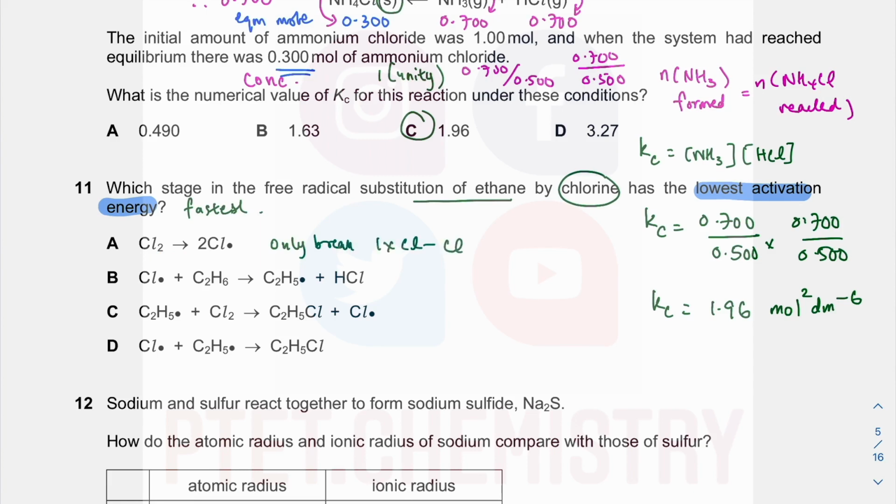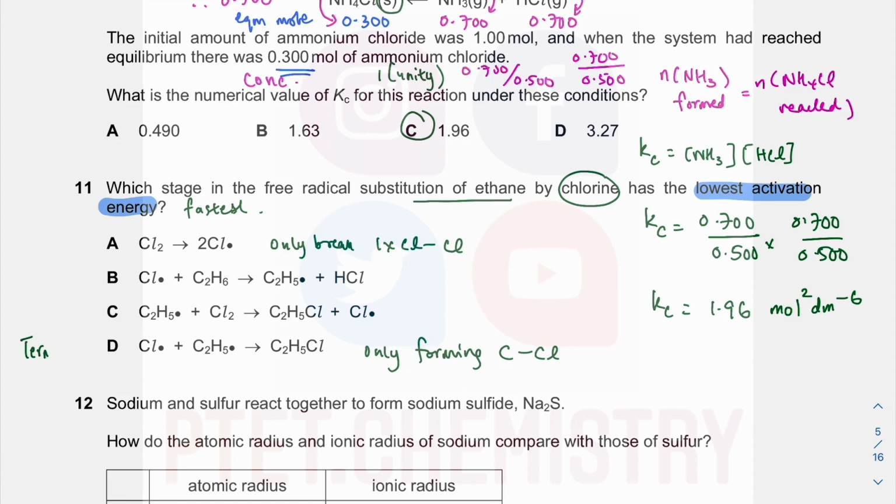You are not forming anything at all. I can think of the last one having the lowest activation energy because that involves only forming C–Cl, not breaking anything. They just come together, they recombine in the termination step.